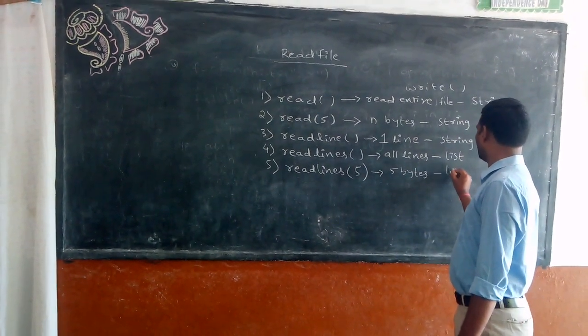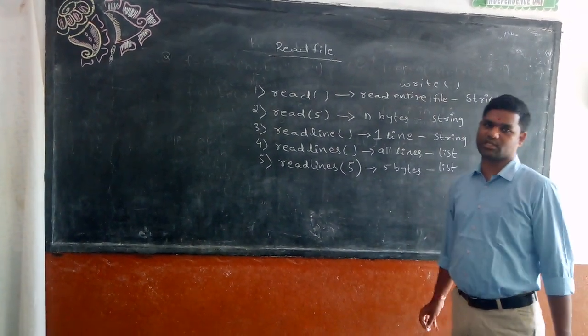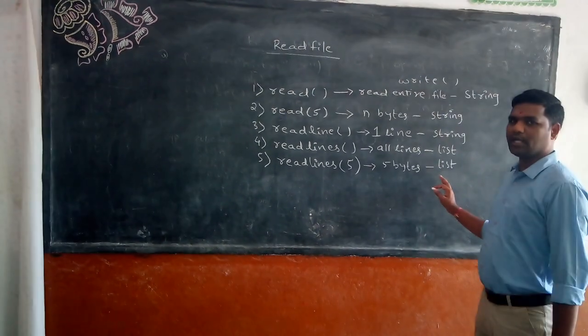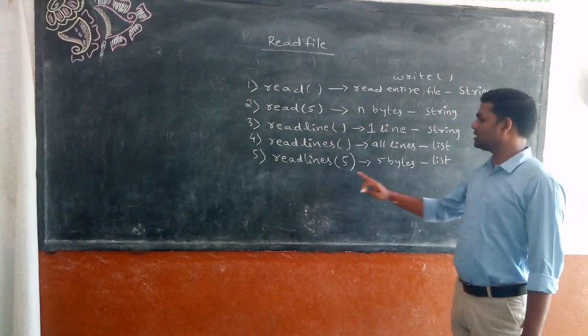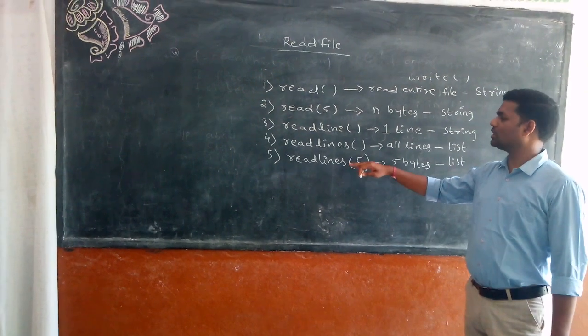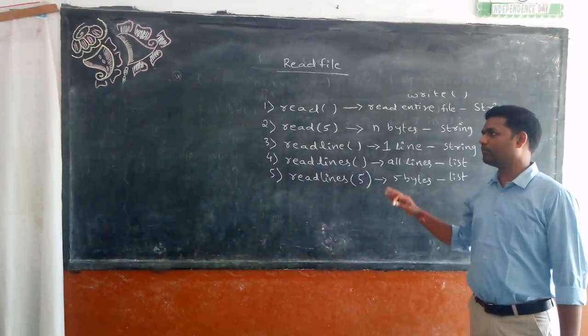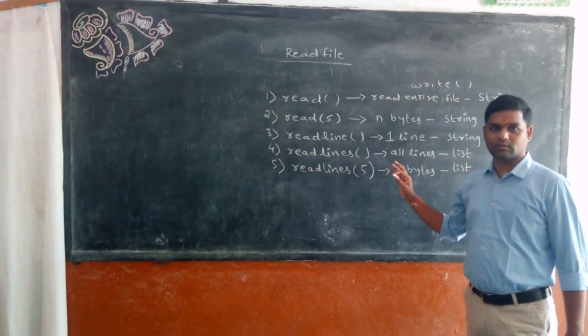It will also give the result in list format only. The return type is list, so I need to iterate over that. We'll see the entire thing in the example. What is the difference between readlines and read and each and everything, in the example with code? Don't worry about that. Clear?